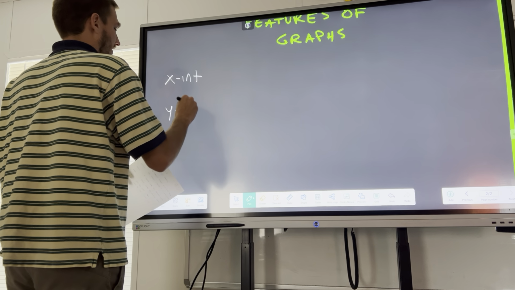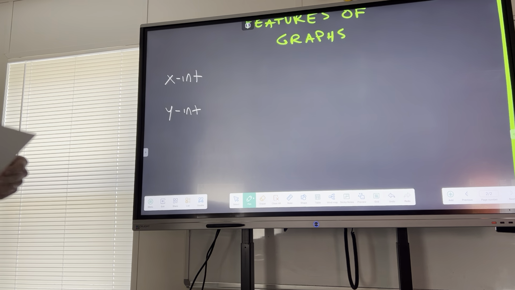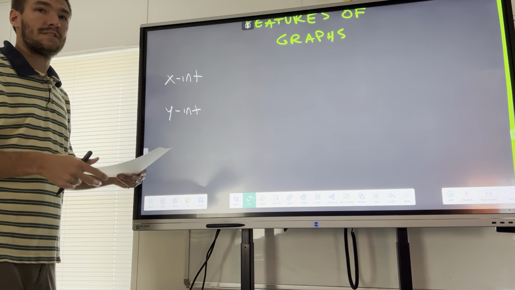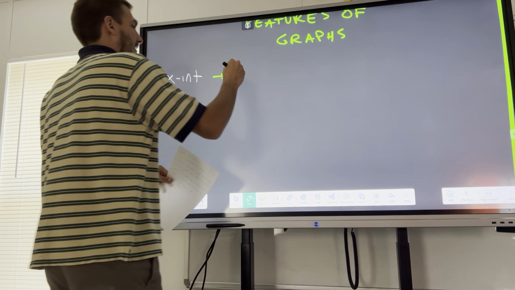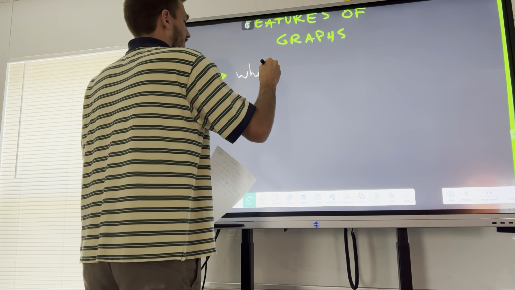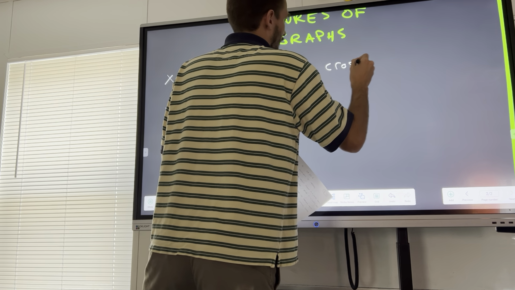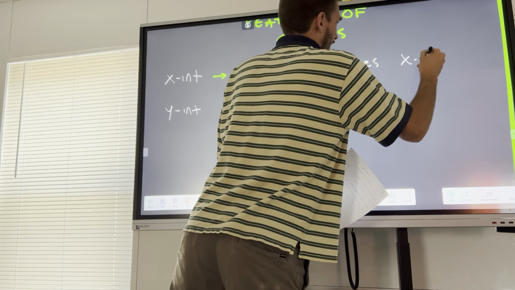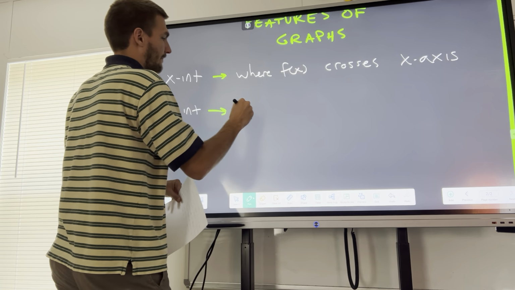x-intercepts and y-intercepts. I hope you'll forgive me for not writing out intercepts, but I don't want to spend forever today. The x-intercepts and the y-intercepts, I hope you can define these and feel very confident that the x-intercept is where f of x crosses the x-axis, and of course the y-intercept is pretty much the same thing.